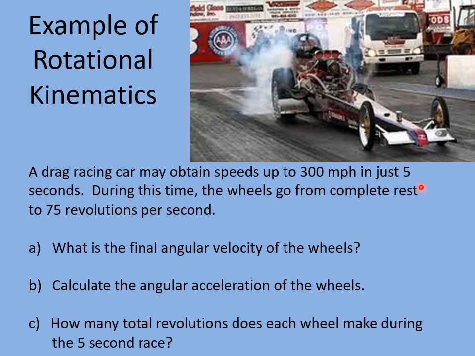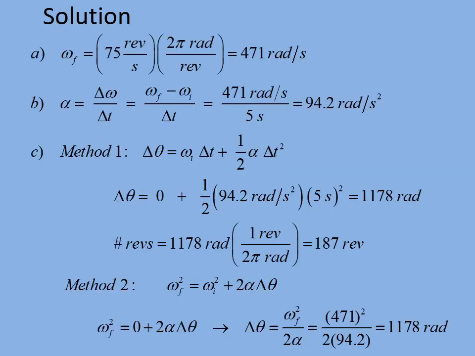So let's go ahead and look at the solution to this problem. Part A asked, what is the final angular velocity of the wheels? Well, we were told that the wheels go from 0 to 75 revolutions per second. So all we have to do here is convert revolutions per second to radians per second.